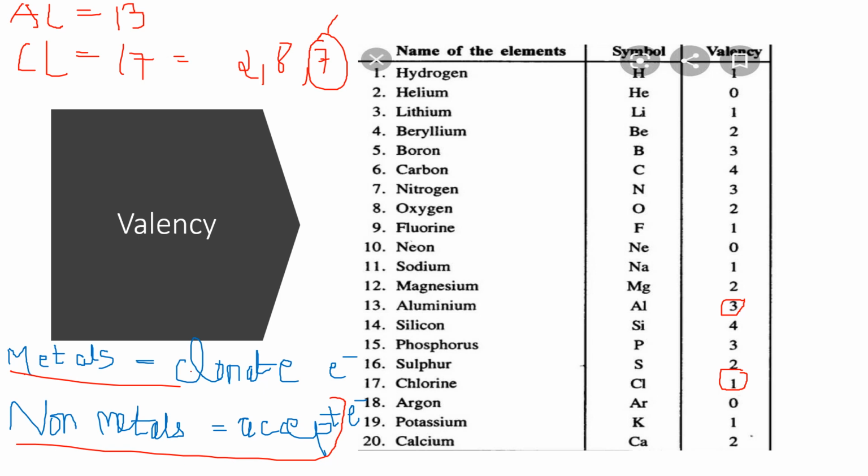Now this was the part on valency. Similarly we have this chart which I have presented here, so the respective elements have their respective valencies, with symbols mentioned.